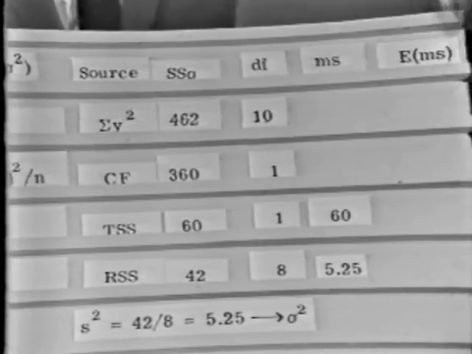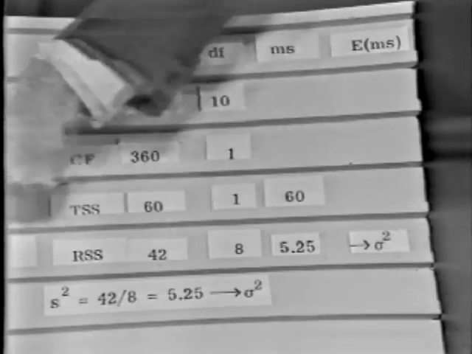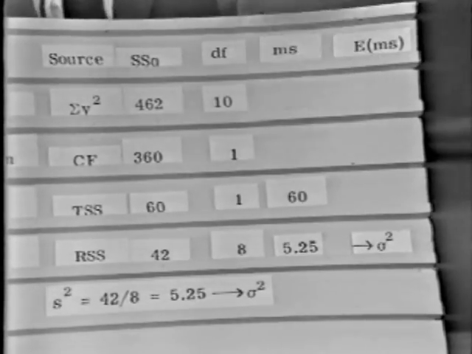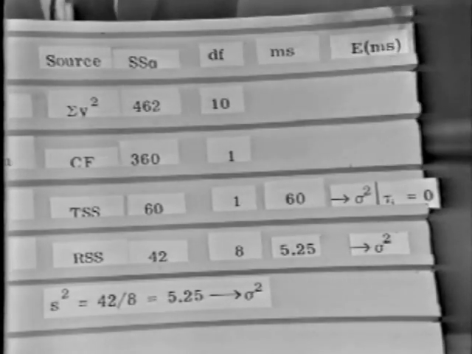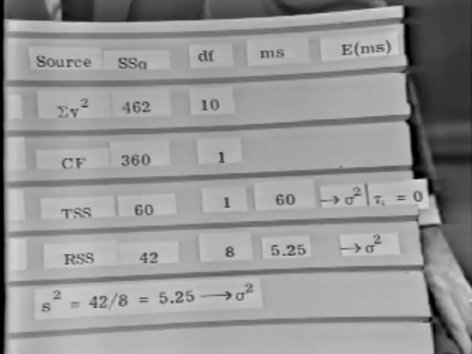In point of fact, we talk about the expected values of the mean squares. The expected value of that mean square continues to be sigma squared. It's based off the residuals. But this quantity here also estimates sigma squared given that the tau j's are all equal to 0. So it's constrained by the hypothesis.